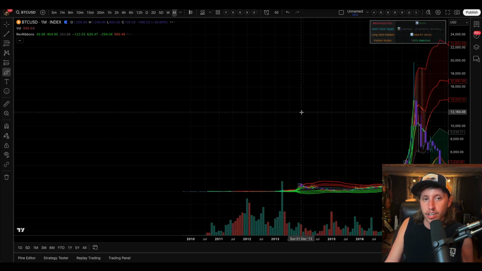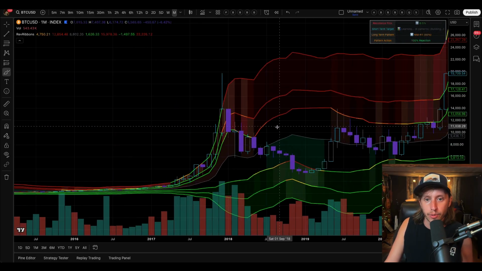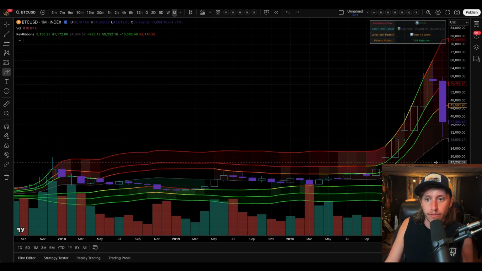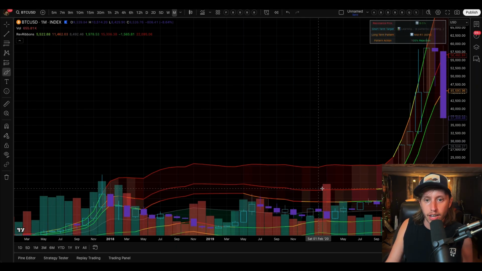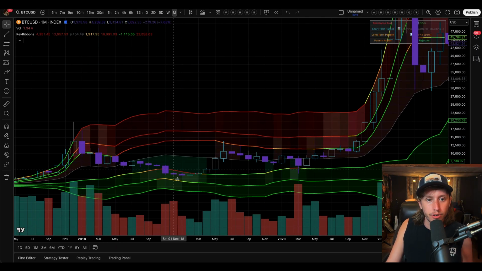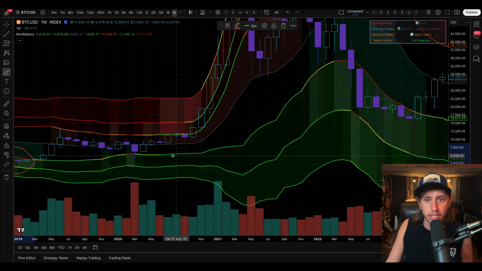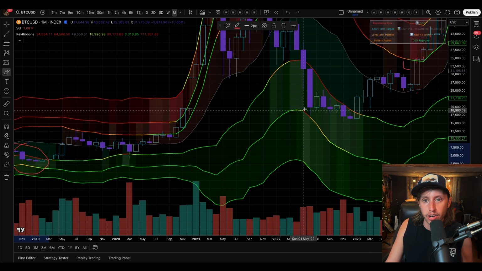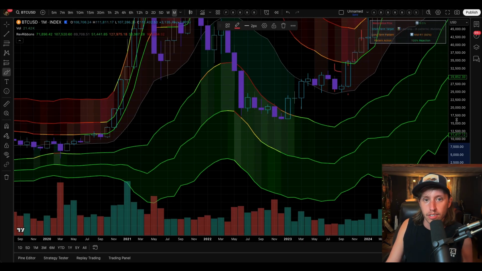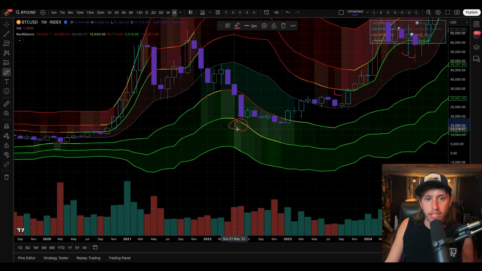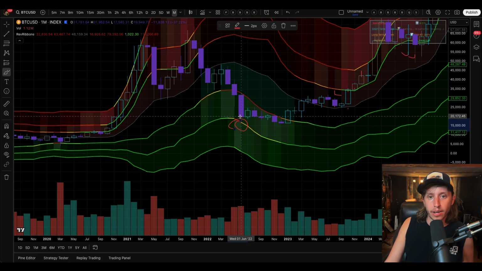The monthly, I also find real interesting, though we don't have a whole lot of history. You do find that some of these lows bounce, that come down to the same area. Now, this was way long ago, so I don't really count that as much as this one, which did find its lows right off of this support 2 band, which was interesting.